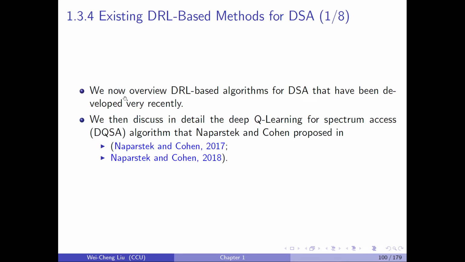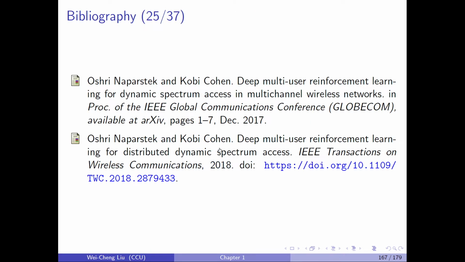Okay. We now overview DRL-based algorithms for DSA that have been developed very recently. We then discuss in detail the Deep Q-Learning for Spectrum Access (DQSA) algorithm that Naparstek and Cohen proposed. First, Naparstek and Cohen in 2017.